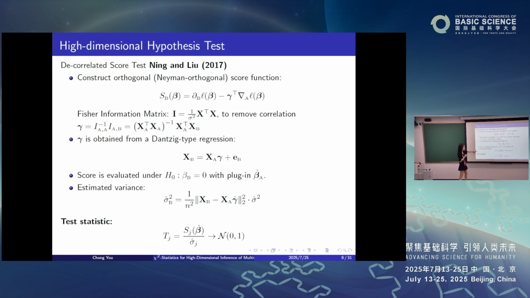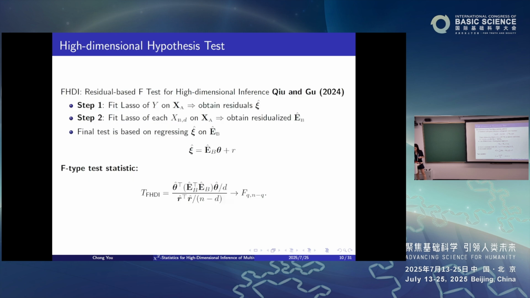The variance can be estimated easily as well, and under the null hypothesis, again, this should be standard normal distributed. As I mentioned, all the above methods can only deal with a single beta j, and cannot deal with the group test. So we introduce the last one in the high dimensional test for linear model.